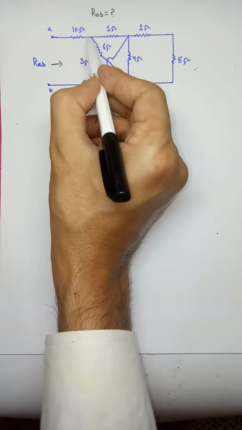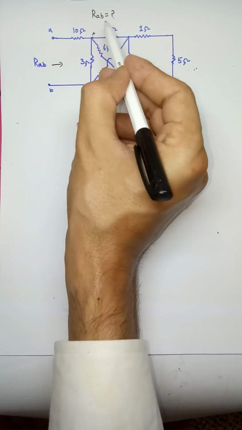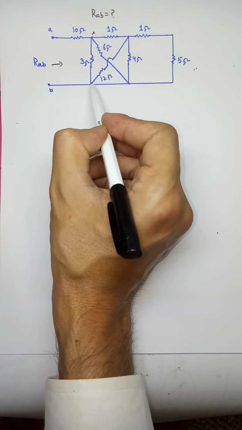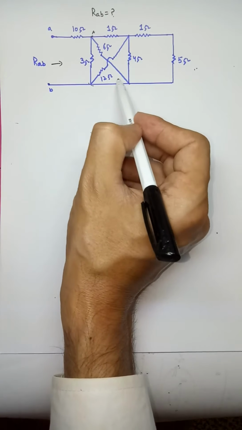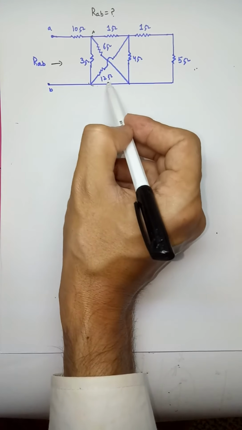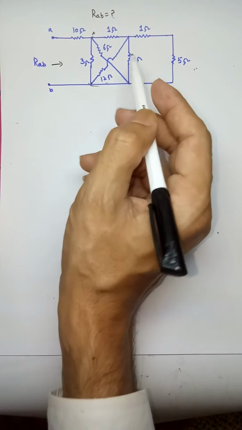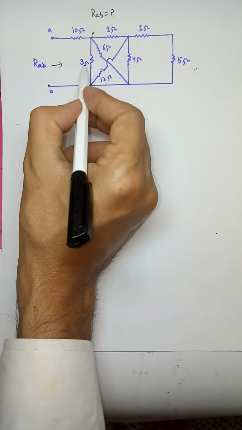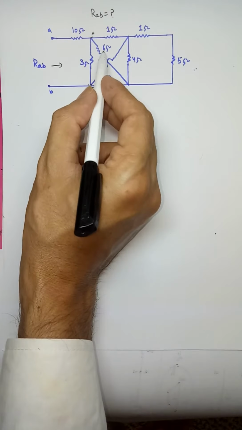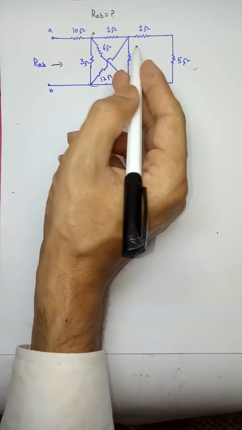How? Because one end is connected here, A, with each other, and the other end is also connected with each other because we don't have any element in the middle. So A and B, because this is B, so these two are connected with each other. So the 3 ohm is parallel with 6 ohm.